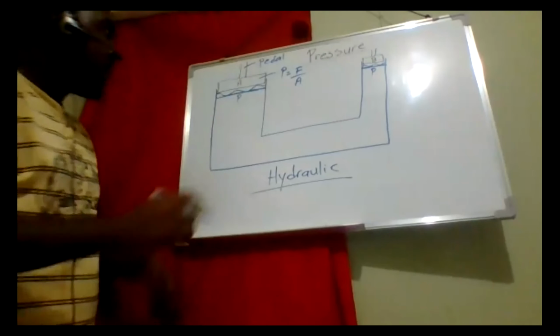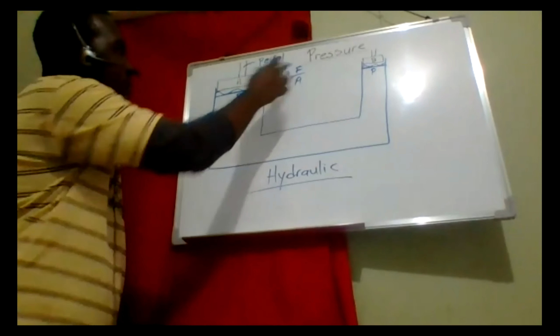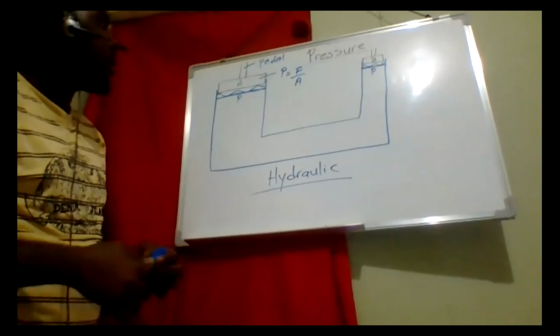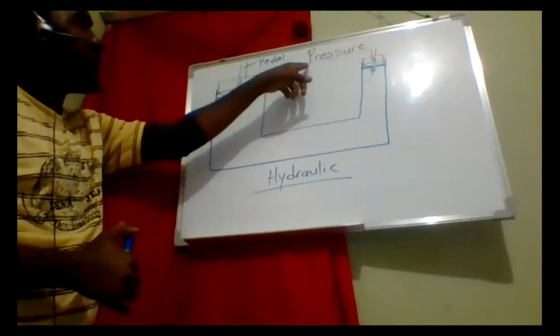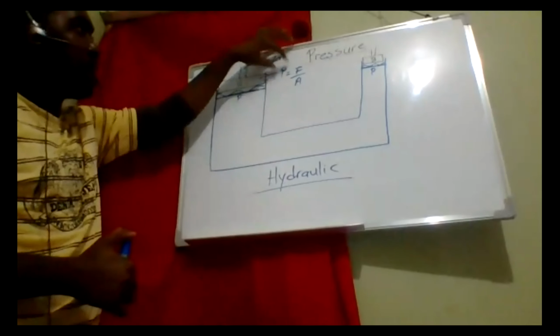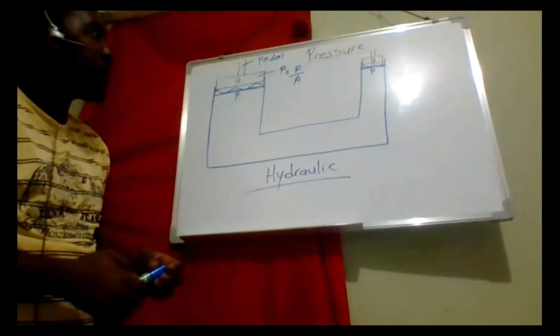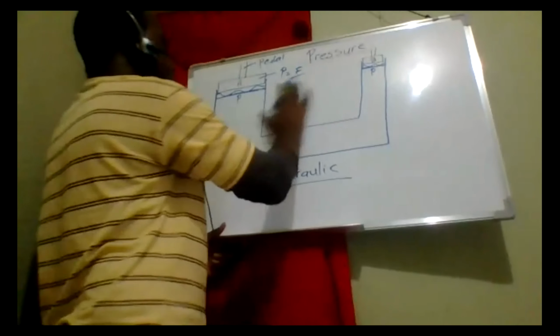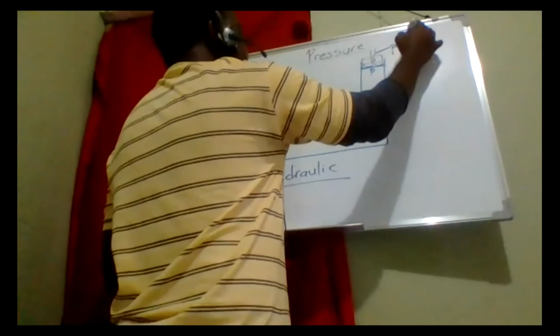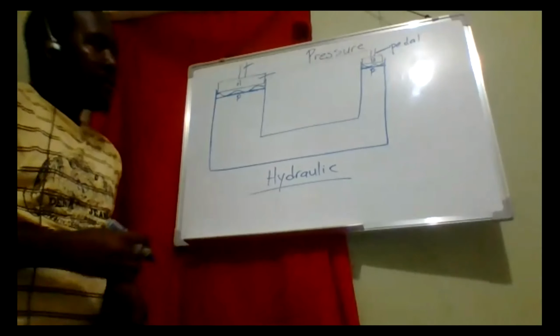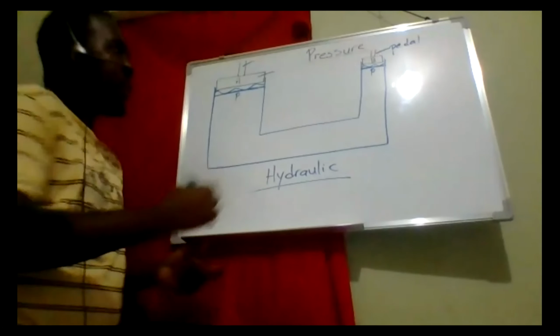So if we increase the area, we increase the force as well, we can get a high pressure. No, sorry, it's the other way around. This side is connected to your pedal. Sorry about that. The smaller one is connected to your pedal.